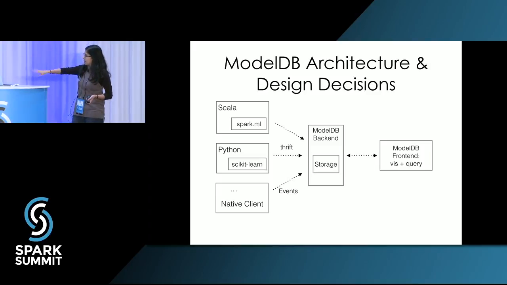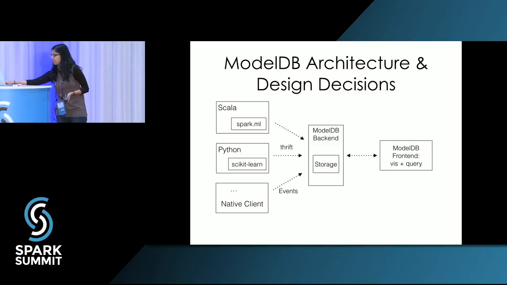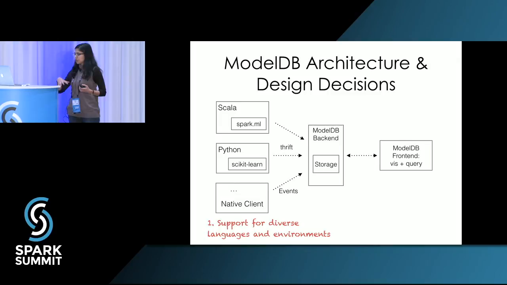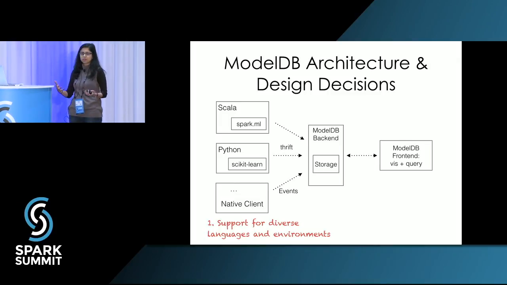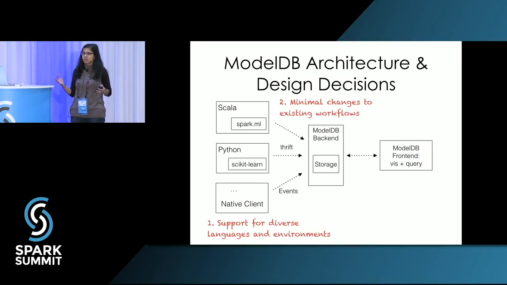Over on the right side, the front end then queries the server in order to do visualizations and things like that. So our key design goals here were, first of all, support diverse languages and environments. Make minimal changes to the workflow. If you imagine, you can easily build a visual interface where you can drag and drop various components of your ML pipeline, and then we can log them very easily. The thing is, no one does that.